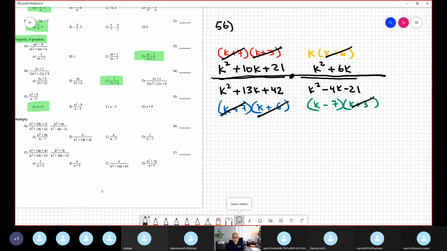And what stays alive is only k in the top and k minus 7 in the bottom. Boom. Final answer, option C in this case. Any question?